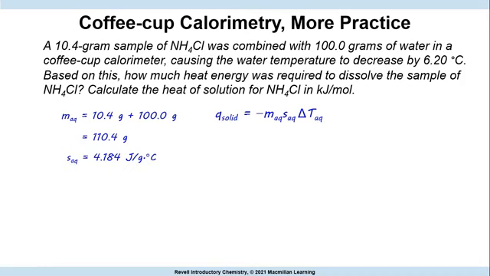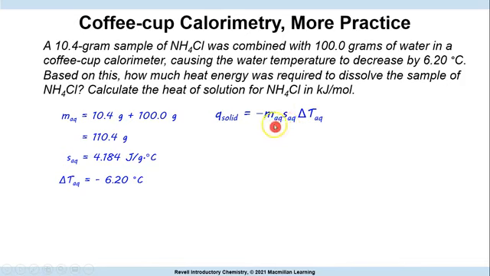Now the change in temperature, as we've told, is that the temperature decreases by 6 degrees Celsius. So it decreases, which means that the value is going to be minus 6.20 degrees Celsius. Now we have collected all the data that we needed to substitute in this equation.